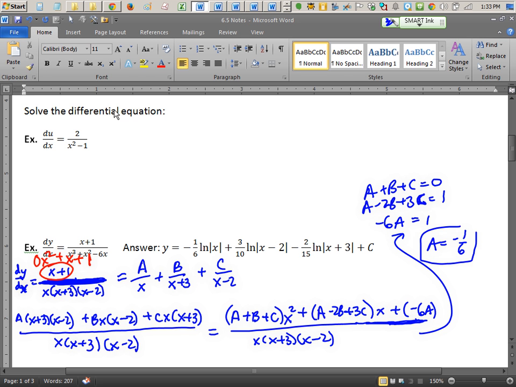If you take the time to plug this back in to these two equations, you'll be able to pretty easily find b and c. And b turns out to equal negative 2/15, and c turns out to equal 3/10.